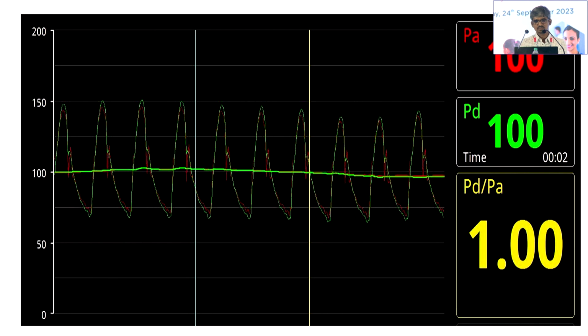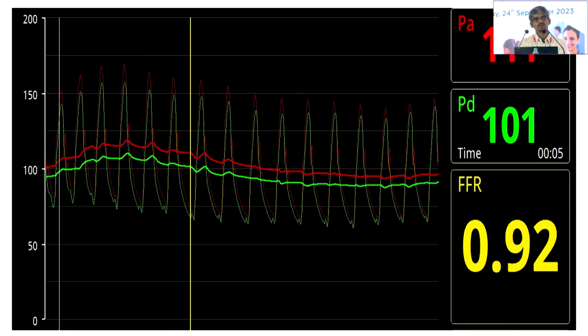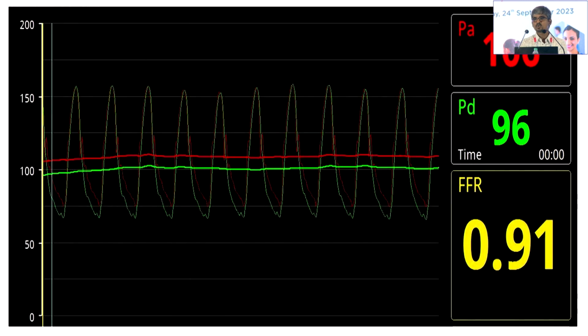After equalization of the pressure, the baseline FFR is 0.92. After giving an intracoronary bolus of adenosine, it is 0.91. So this LAD lesion is non-significant. There is no need for intervention. This can be medically managed, so PCI is deferred.